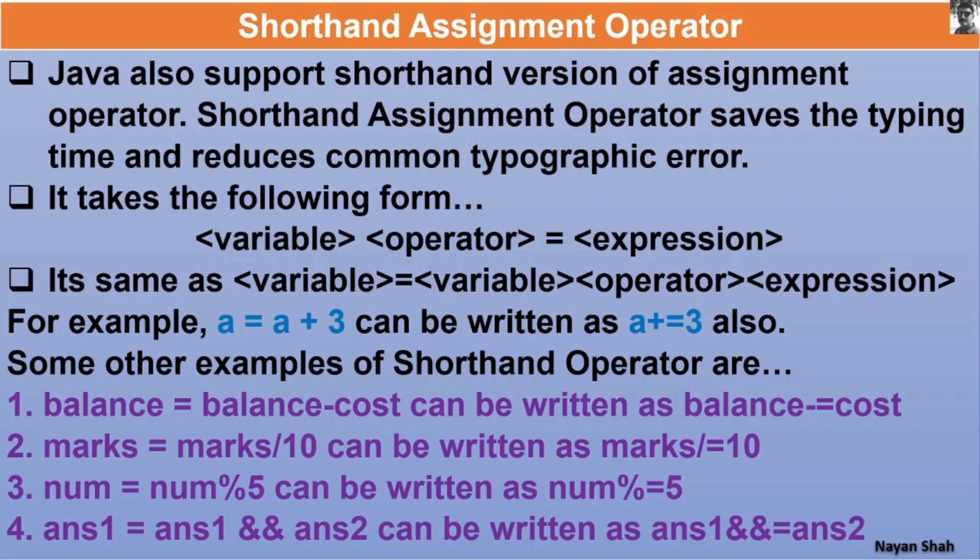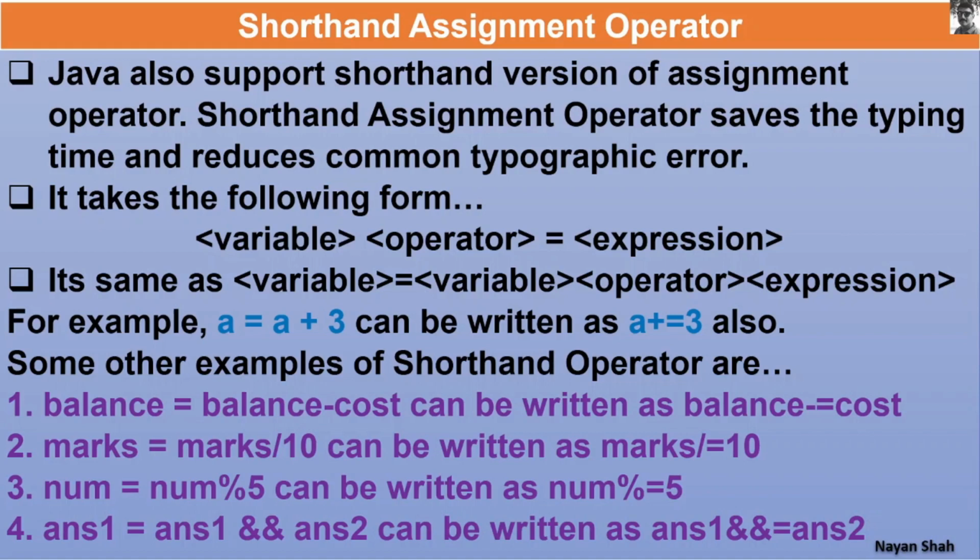But if you use the shorthand assignment operator, you need to write it only one time: total number of students in Saurashtra University plus is equal to 3. So it will reduce typographic errors while typing a long lengthy variable name. You don't need to type it twice, just once. That is the main advantage of using the shorthand assignment operator.